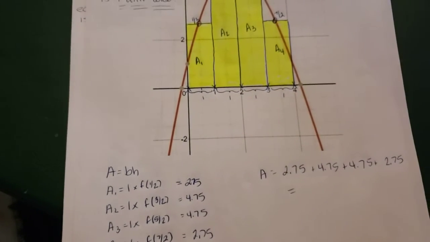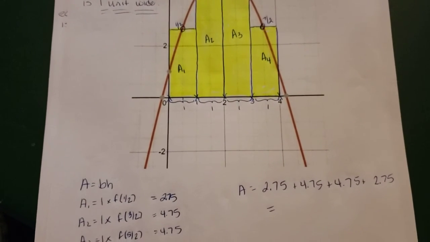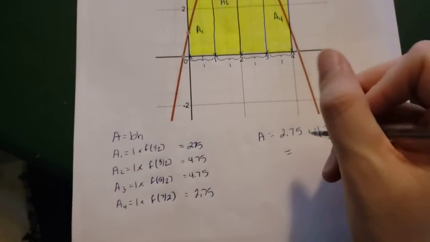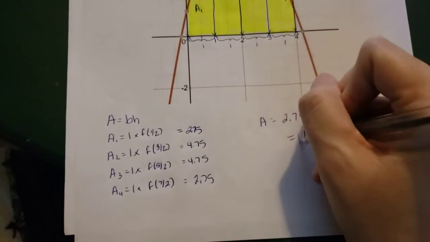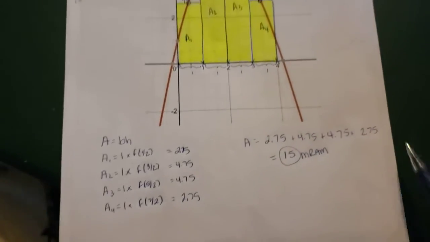Okay, so we are going to do 2.75 plus 4.75. And since we've got two of those, we're going to multiply by 2. And for this approximation, we get about 15, so a little bit more. So this is our midpoint approximation.